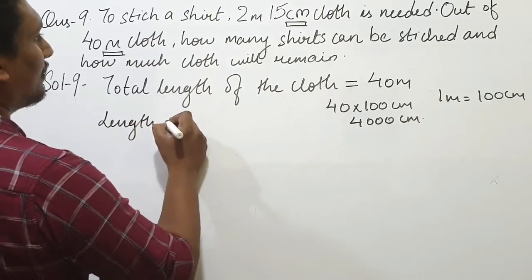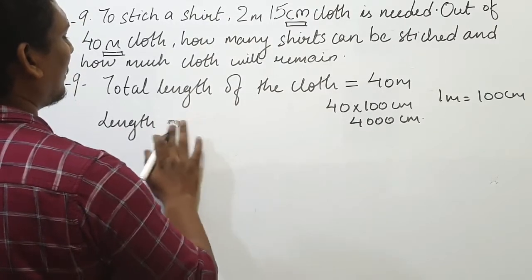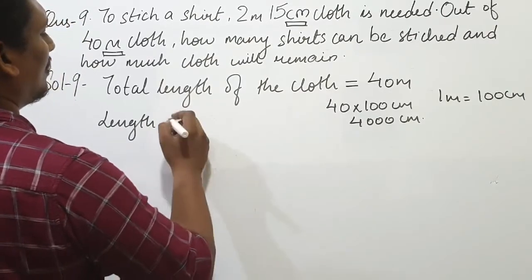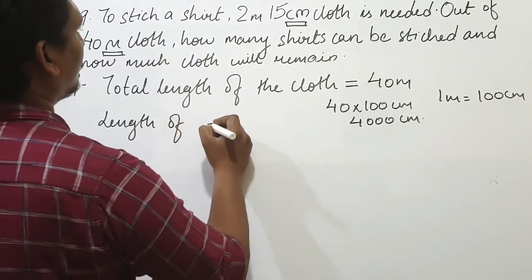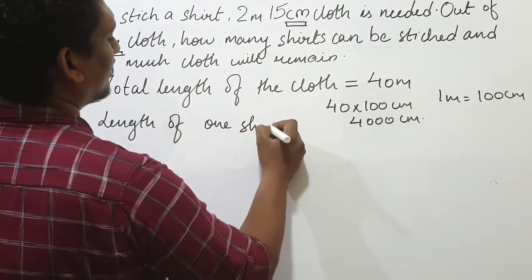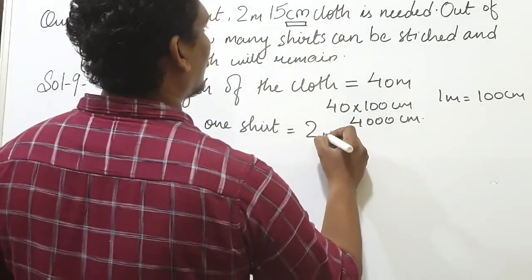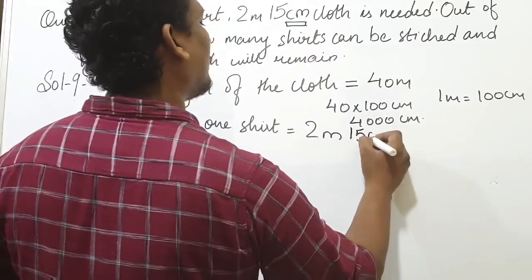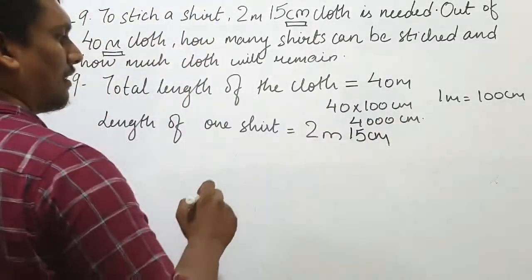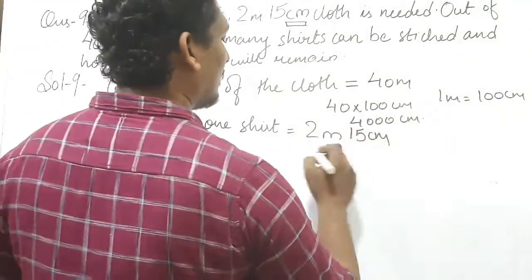Length needed. Okay, length of one shirt. How much is given? 2 meter 15 centimeter. So here also we have to convert this 2 meter and 15 centimeter.